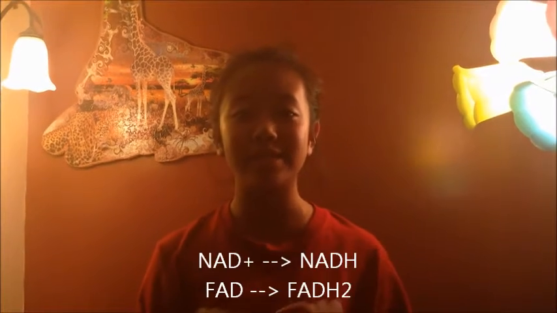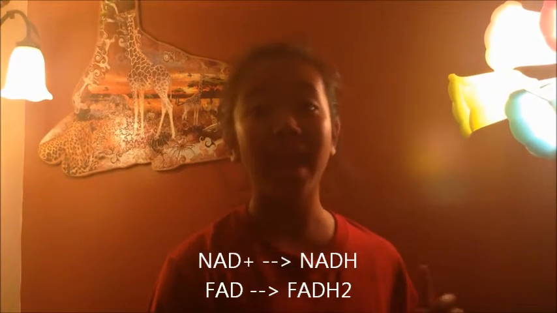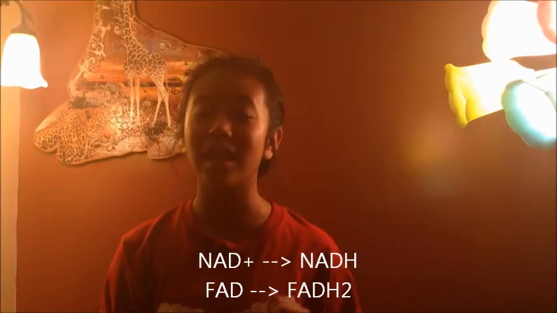It brings us back to the NAD+ and its partner, FAD. NAD+ and FAD pick up hydrogen and energized electrons from each pyruvate, which changes them. The addition of hydrogen turns NAD+ and FAD into NADH and FADH2.